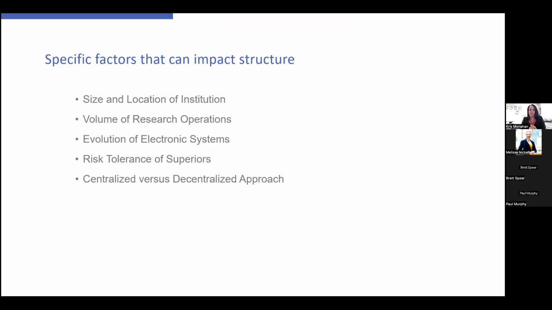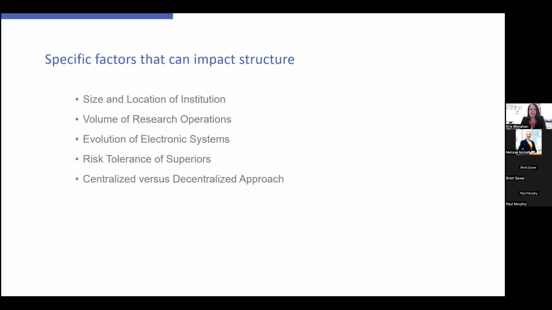Whether or not you have electronic systems and whether systems talk to each other can definitely impact the structure that you put together. You'll see as we move on, I'll talk a little bit about risk tolerance, how much risk tolerance your institution has. There is a degree of risk that comes with accepting federal awards and doing sponsored research, especially for institutions that are newer or more naive to the work.